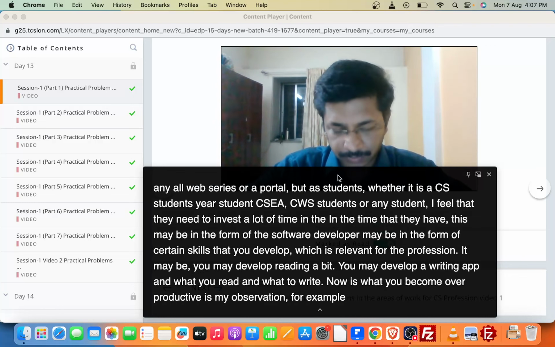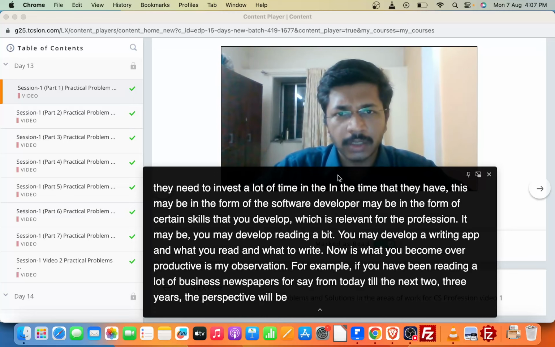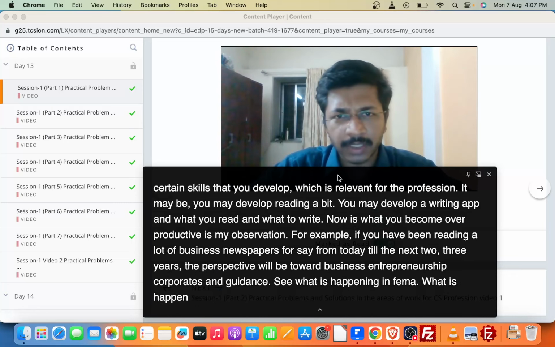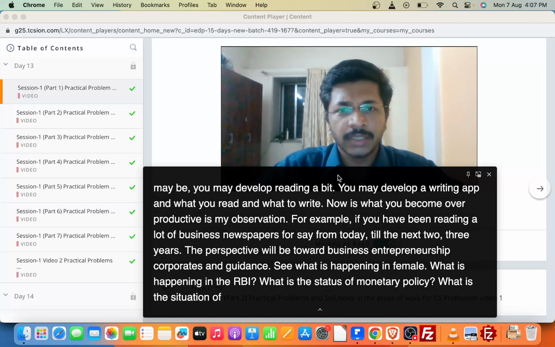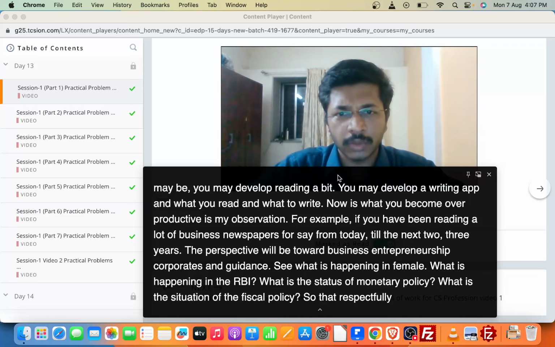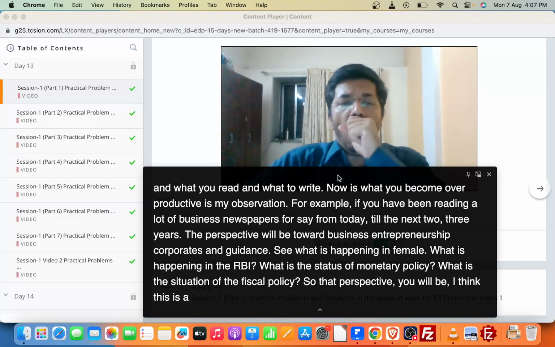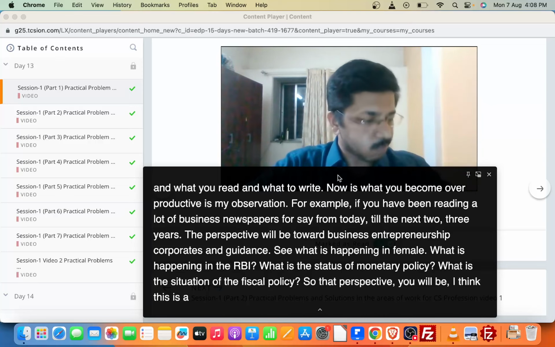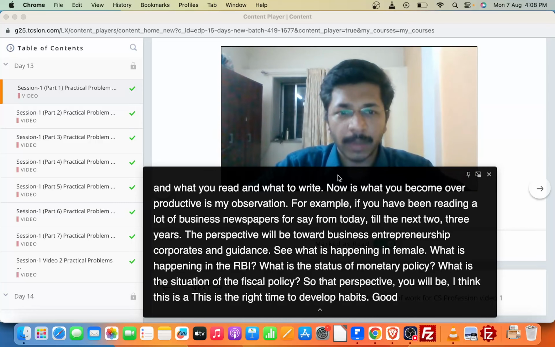For example, if you read a lot of business newspapers from today for the next 2 to 3 years, your perspective will be towards business, entrepreneurship, corporates, India Inc., what is happening in FEMA, what is happening in the RBI, what is the status of the monetary policy, what is the situation of the fiscal policy. So that perspective you will be given. And I feel this is the right time to develop habits, good habits.